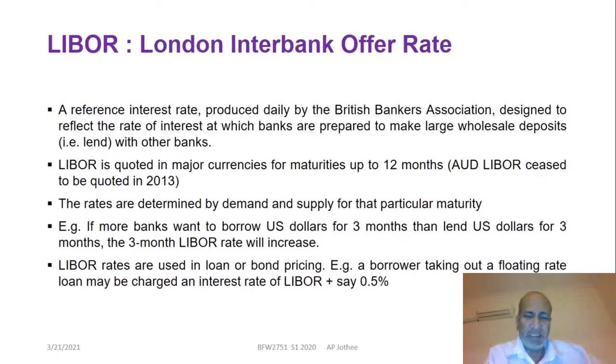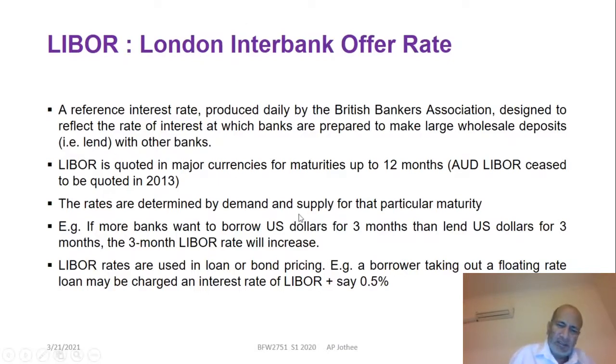The rates are determined by the demand and supply for that particular maturity, as I told you, for the particular maturity of the agreements. For example, if more banks want to borrow US dollars for 3 months than lend US dollars for 3 months, then the LIBOR will go up. If LIBOR rates are used in loans or bond pricing, for example, a borrower taking out a floating rate loan may be charged an interest rate of LIBOR as the variable rate plus a rate for the risk.